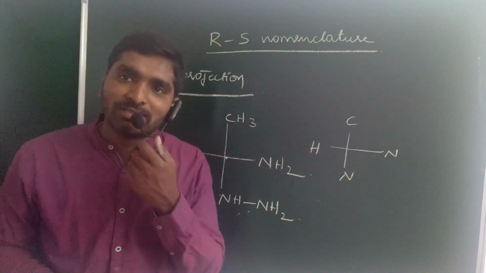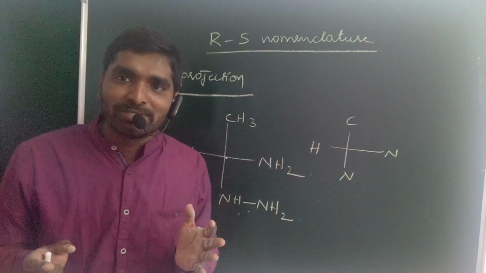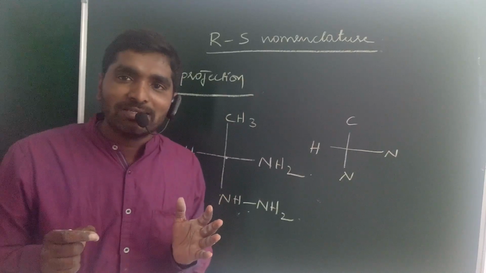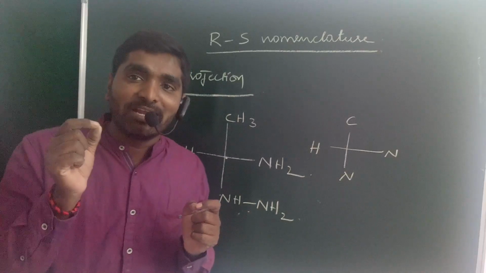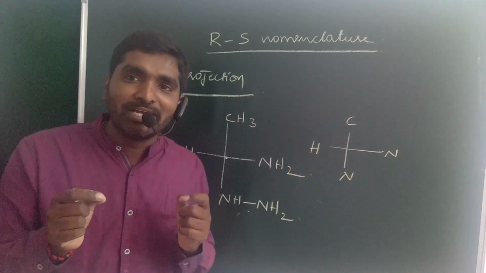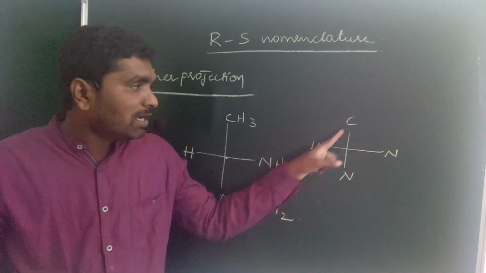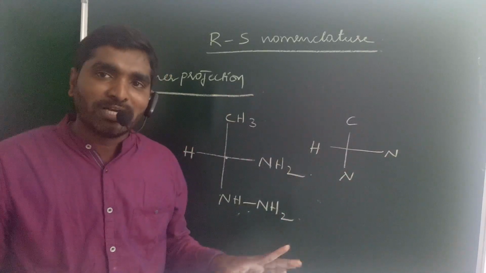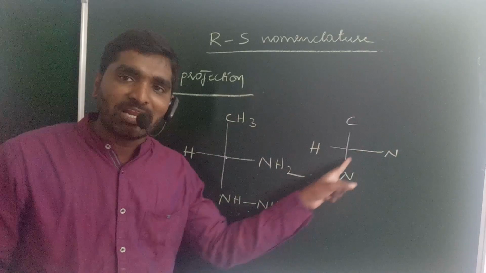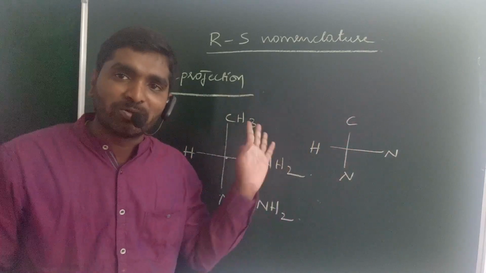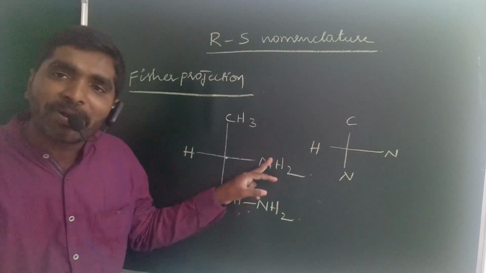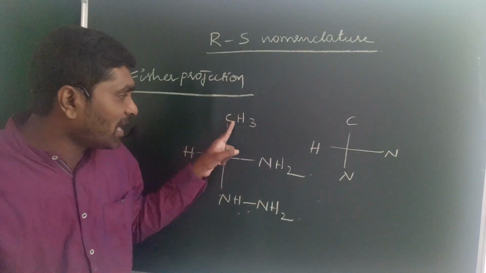According to the CIP rules, priority is given as per the atomic numbers, not according to the atomic mass. Carbon, nitrogen and hydrogen. Nitrogen has more atomic number compared with the carbon and hydrogen. That means these two are higher priority groups compared with the carbon and hydrogen.